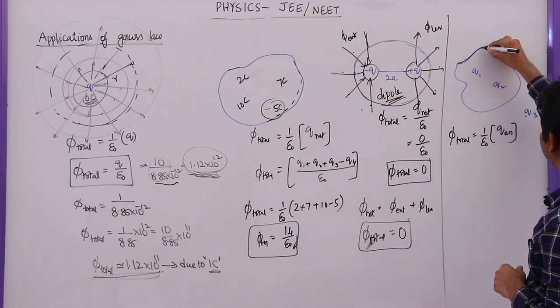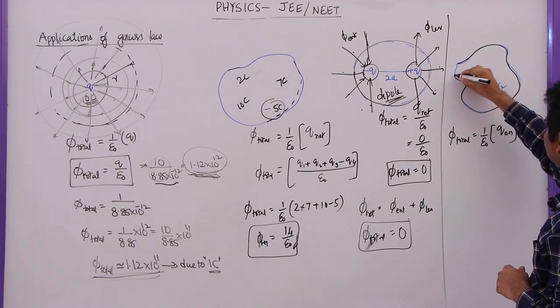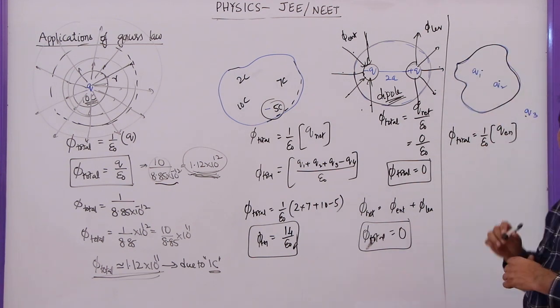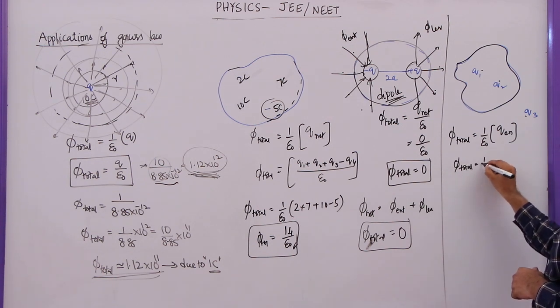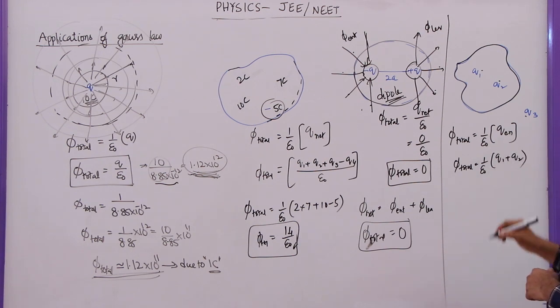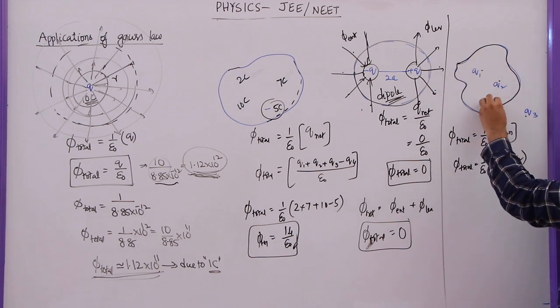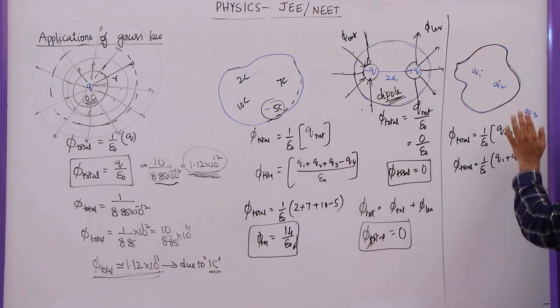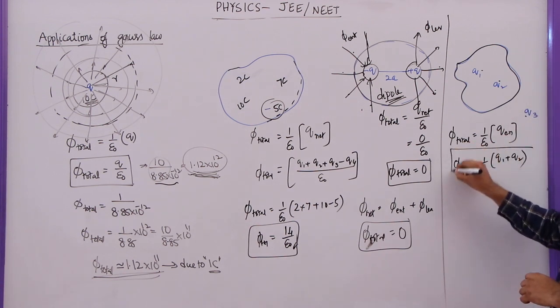Here this Gaussian surface is enclosing only the charges Q1 and Q2. So here the total flux is given by 1 by epsilon naught (Q1 plus Q2). Even though we have a charge Q3 just outside the closed Gaussian surface, we should not consider Q3 to find out the flux in this case.